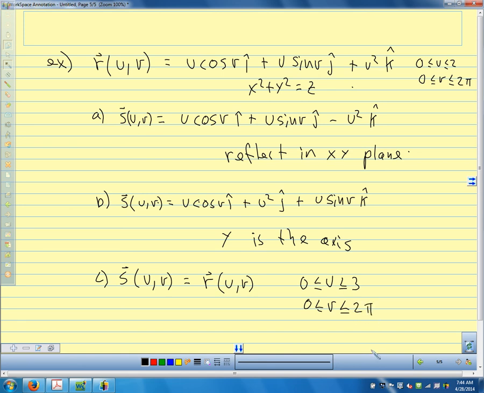What would be different here? It'd be taller, right? So z would be bigger. This would be taller.